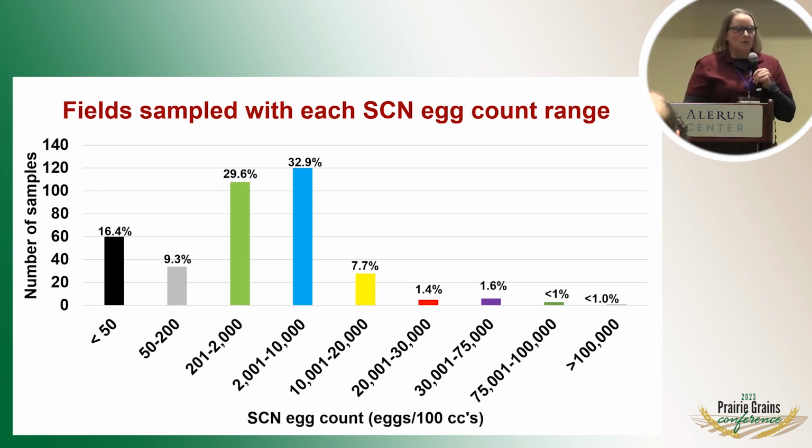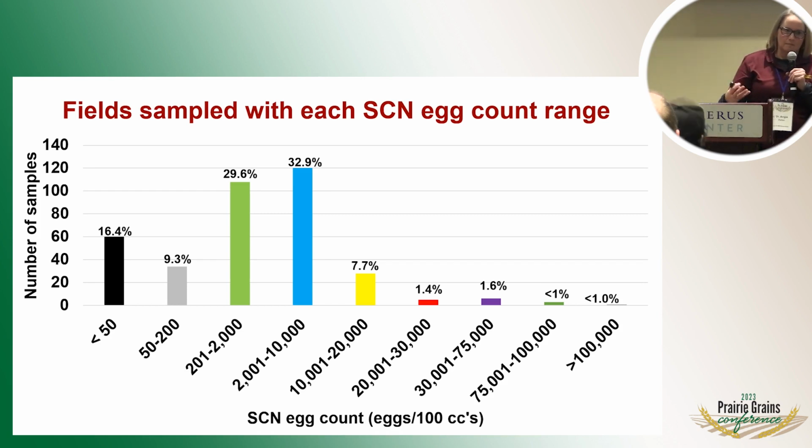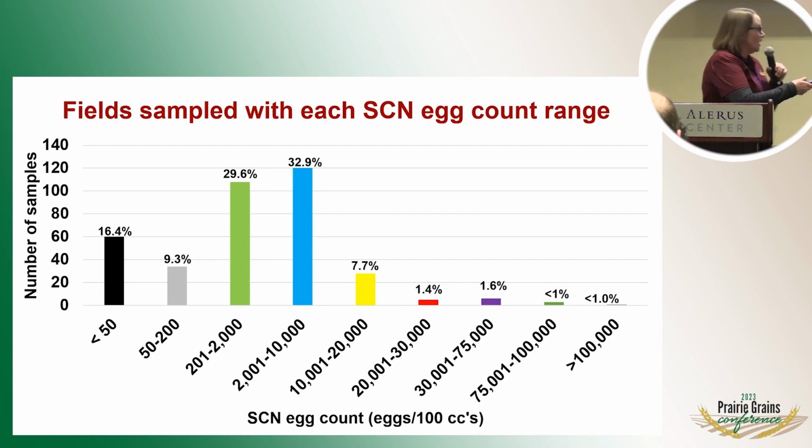The reason why we're concerned about egg counts is because that's how we base management recommendations. At population densities between 2,000 and 10,000, you can expect some yield loss, even when growing a resistant soybean variety. Of more concern are those 10% of samples that were higher than that.